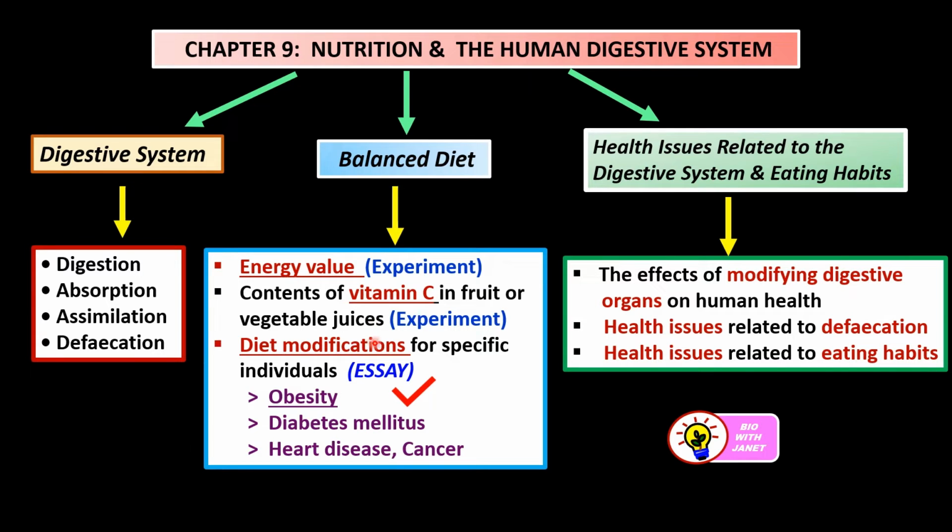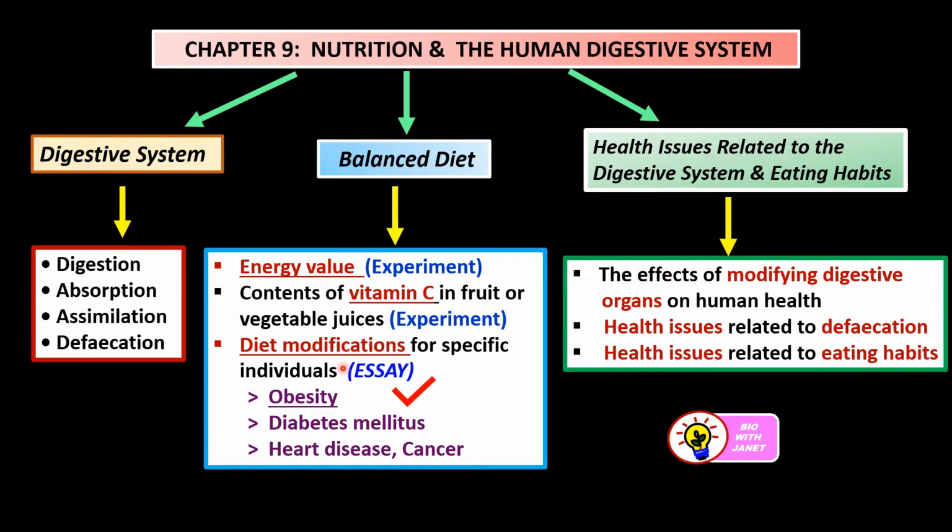And here, for diet modifications for specific individuals, this topic tends to come out in the essay section. So it's very important for the coming SPM exams as it has not been tested fully yet. You may be asked to propose a diet modified from the Malaysian healthy plate or Pinggan Sihat Malaysia, right?